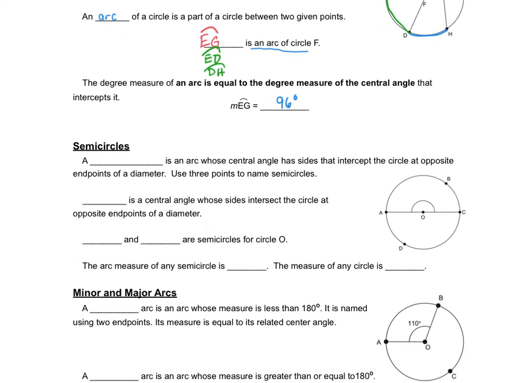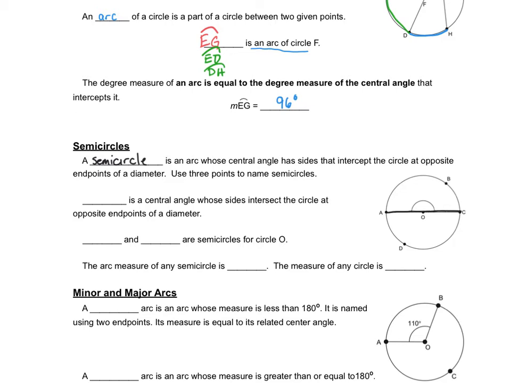For semicircles, now a semicircle is an arc whose central angle has sides that intercept the circle at opposite endpoints of the diameter. And then you use 3 points to name this semicircle. So here we have AOC, no pun intended.